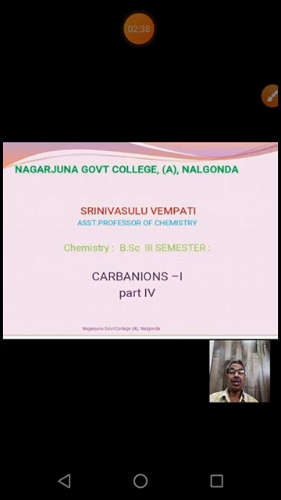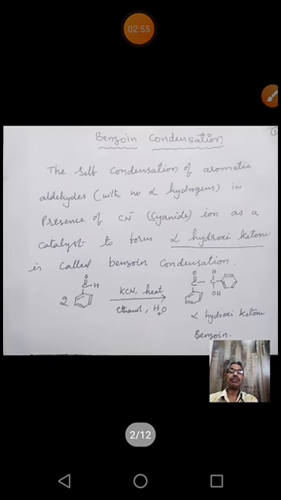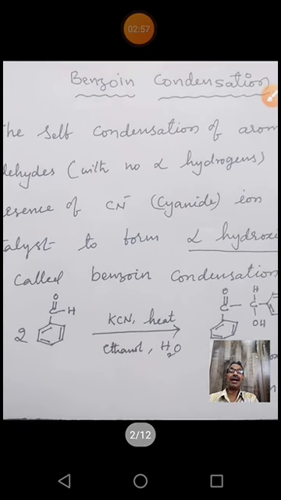These two reactions proceed through the formation of a stable carbanion reaction intermediate. One by one we will discuss in detail. First we will discuss benzoin condensation. So what is benzoin condensation?